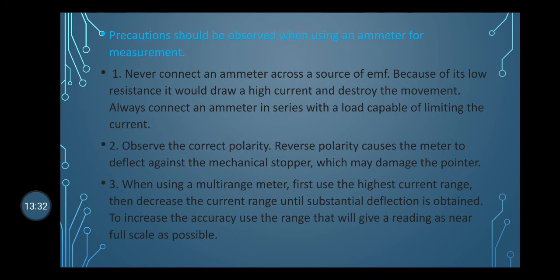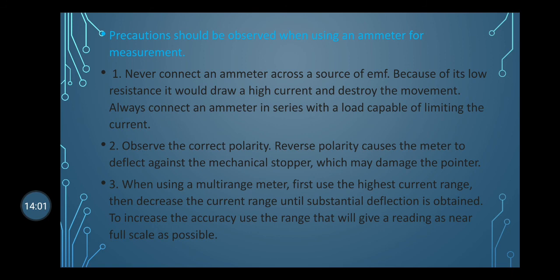Now the precautions that should be observed when using the ammeter for measurement. Never connect the ammeter across the source or EMF directly, because of its low resistance it would draw high current and destroy the movement.